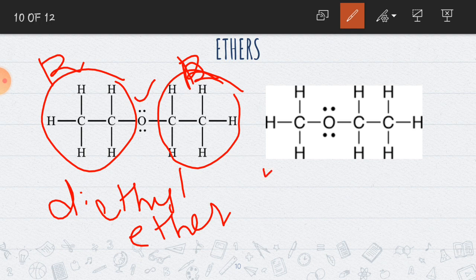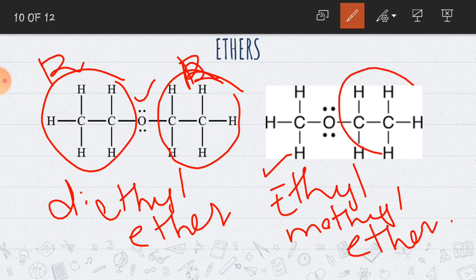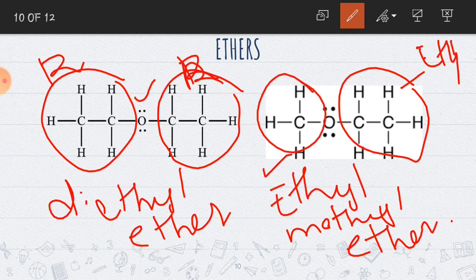Now this compound is called ethyl methyl ether. In ethyl methyl ether, at one side of the oxygen atom, the alkyl group is ethyl, and on the other side the alkyl group is methyl.